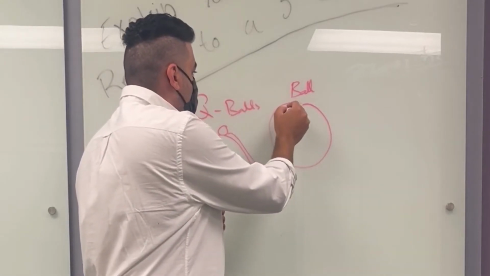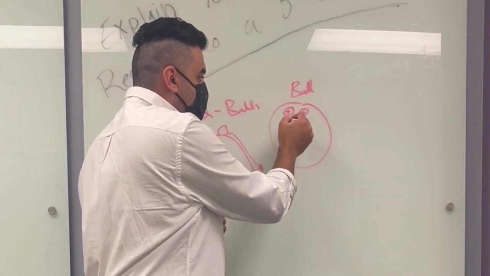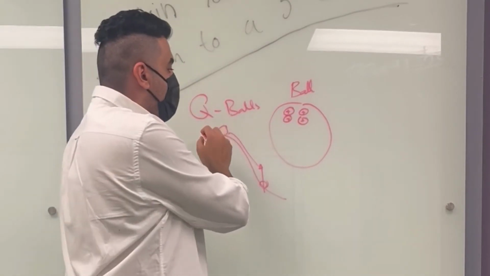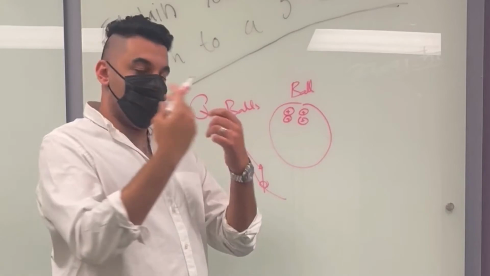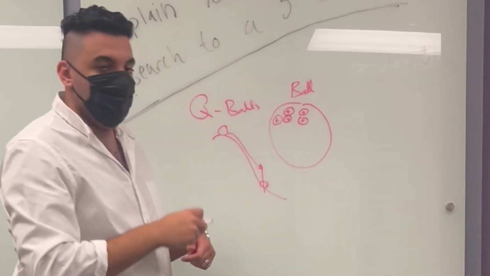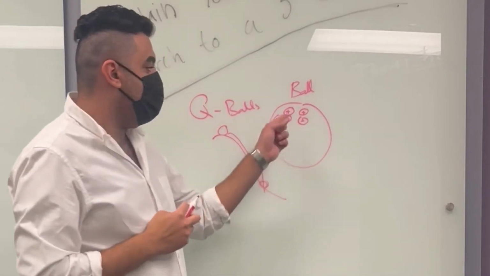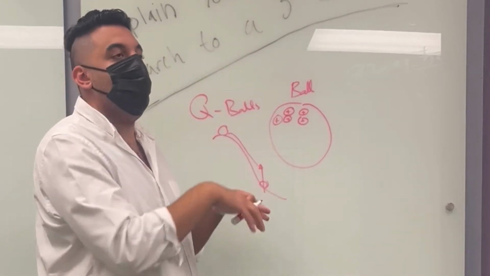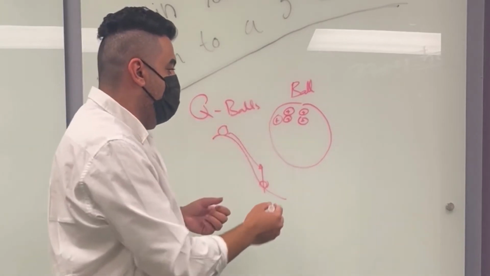Whether it's positive or negative is not important, but let's say, for example, it's a positive charge. Every Qball has a charge, and this charge is directly correlated with the number of particles which build up this Qball.